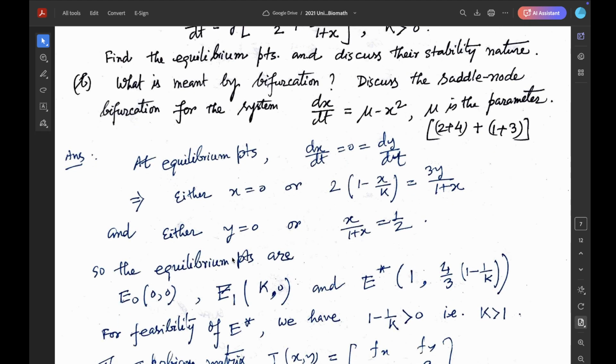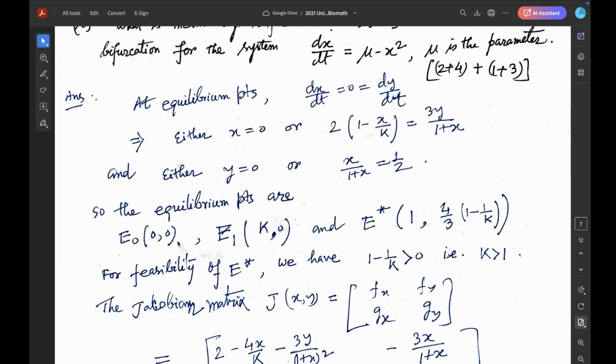So the equilibrium points are, first, x0 y0, that is 0 0. If we put y equal to 0 here, we get the value x equal to k, so E1 is k, 0. And from this we solve x equal to 1; putting x equal to 1 here, we get y equal to this. So we get three equilibrium points, E naught, E1 and E star.